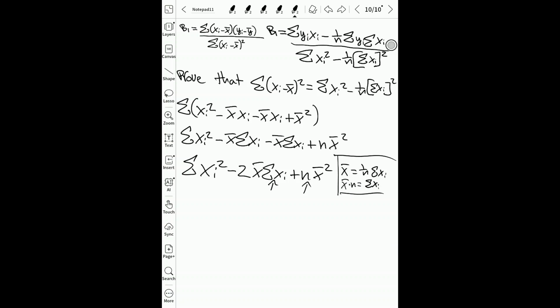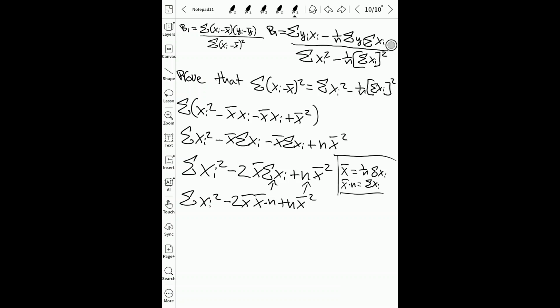So I'm just going to sub in that sum of xi is equal to x bar times n into the middle equation here. So we can rewrite this whole thing as sum of xi squared minus 2 x bar times n x bar times n plus n times x bar squared.